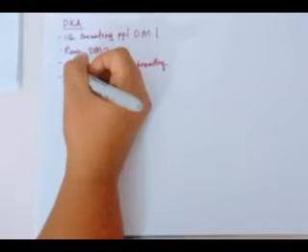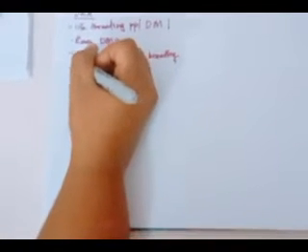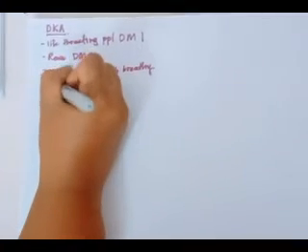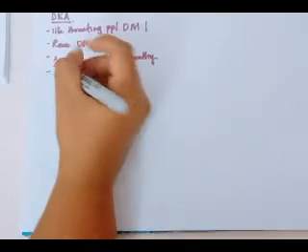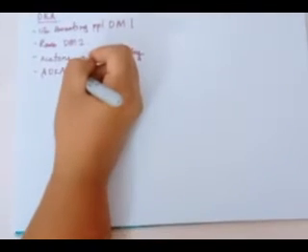In acute diabetic ketoacidosis, so we will write ADKA. Okay, this is the acute. So what happens in acute DKA?